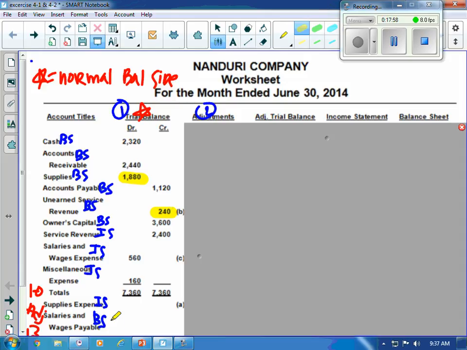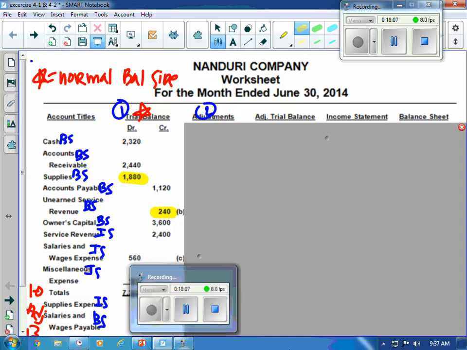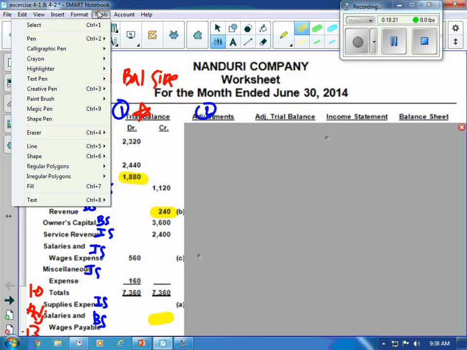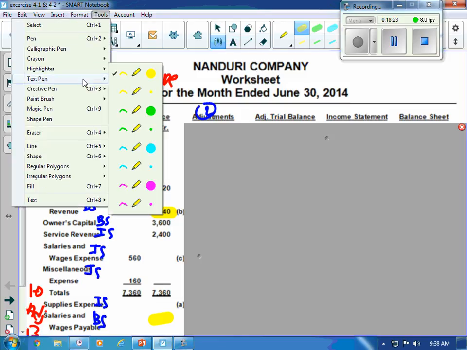Okay. So even though there's nothing down there, I want you to highlight where it would be. Does that make sense? Like it's a 0 right now. So we've got our supplies, our unearned revenue, and salaries and wages payable. According to our adjustments, those are the 3 that we're going to use. Cool? Let me get back to my pen here.